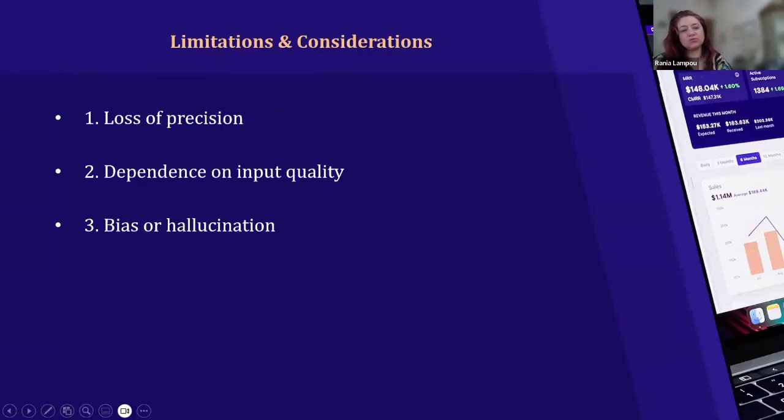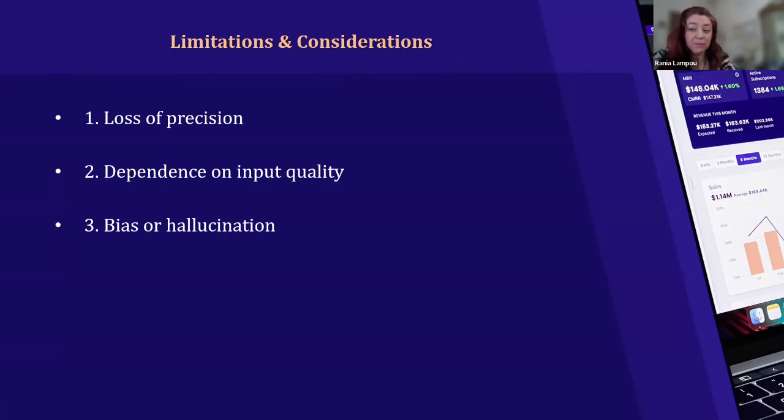The limitations, of course, and considerations have to do with lack of precision, because AI may oversimplify, potentially leading to misinterpretation. Important nuances might be left out unless explicitly prompted. The dependence on input quality: if the original data or interpretation is flawed, then the AI output will reflect that.